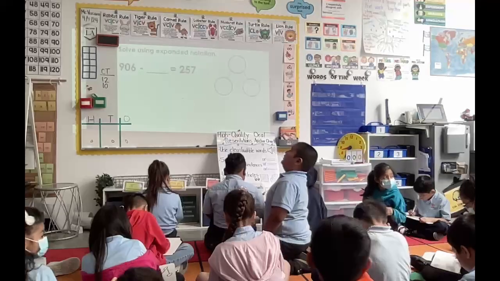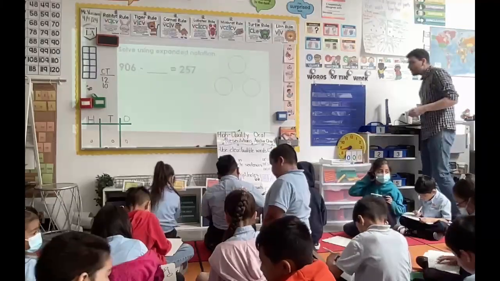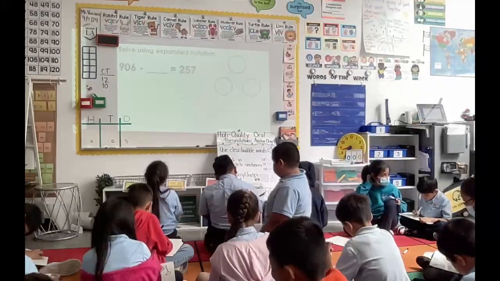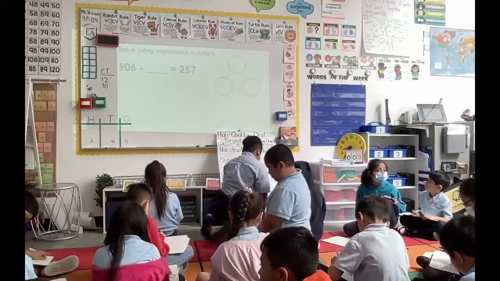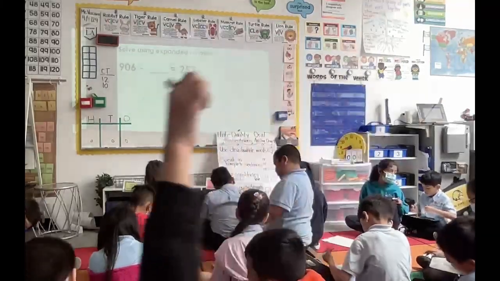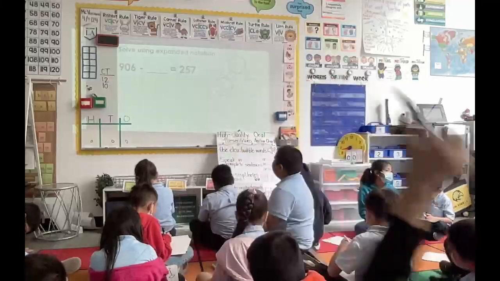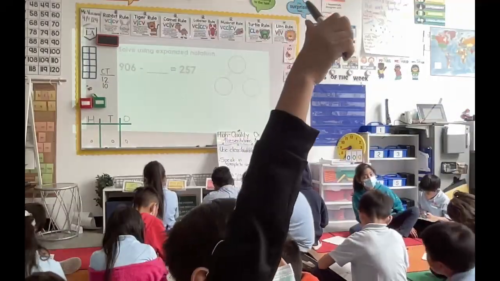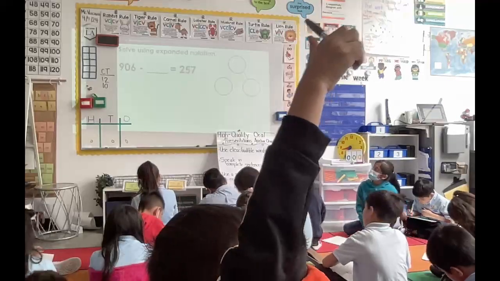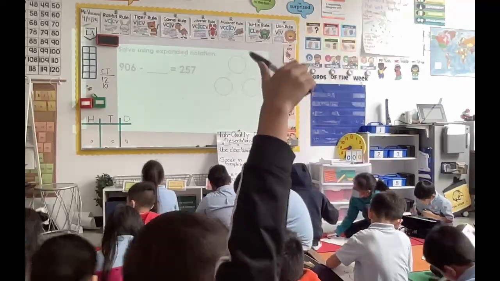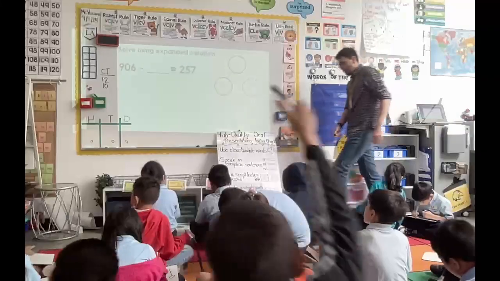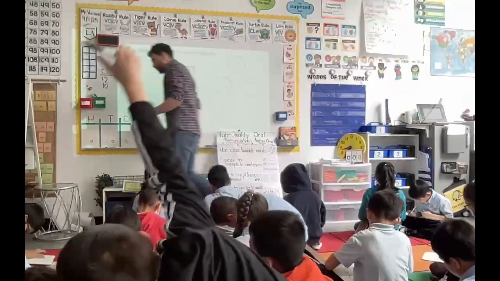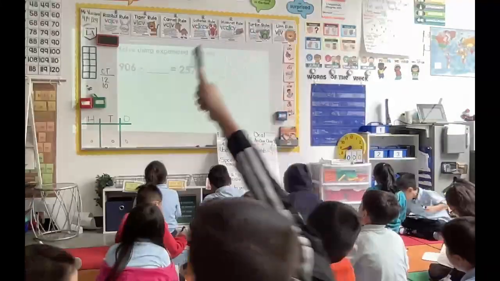Yes. Give me a thumbs up when you are finished writing the equation. Making your number bond and labeling. You should have labels right away after you write the equation.